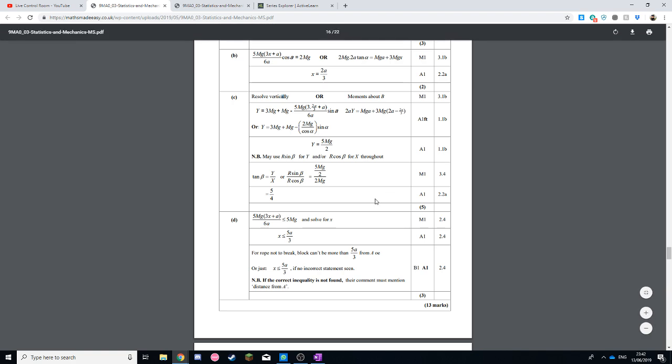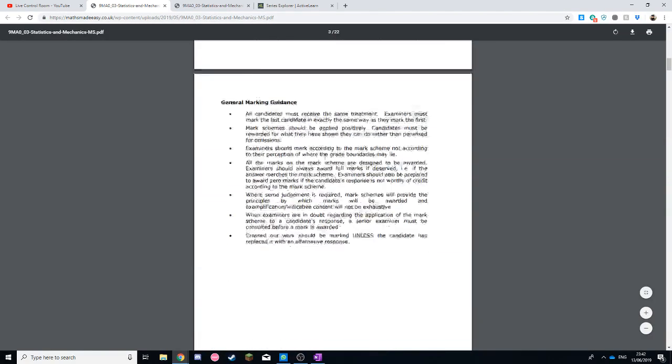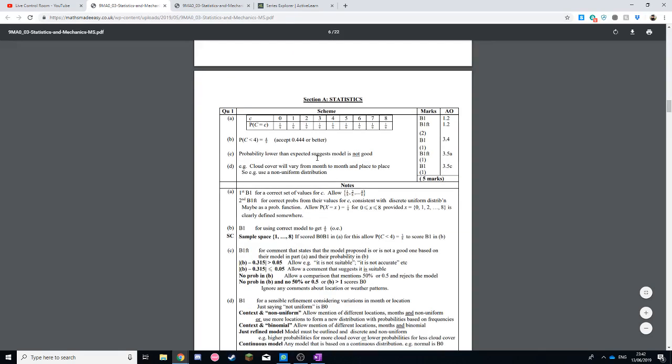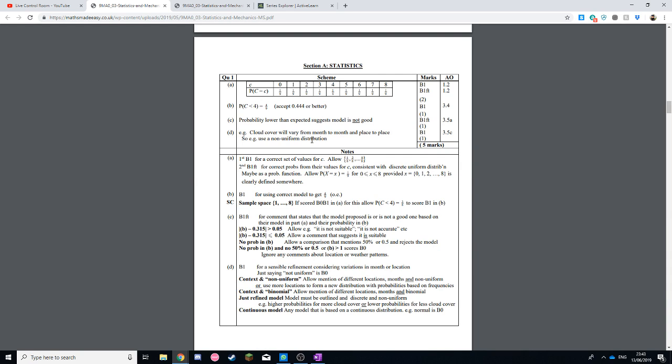Let's check. 1/9. Okay. Oh right, they measure in octas. So 0 octas, 1 octa, 2 octas, 3 octas, 4 octas. That's fine. What's this? Part B, P(C less than 4). Oh my days.